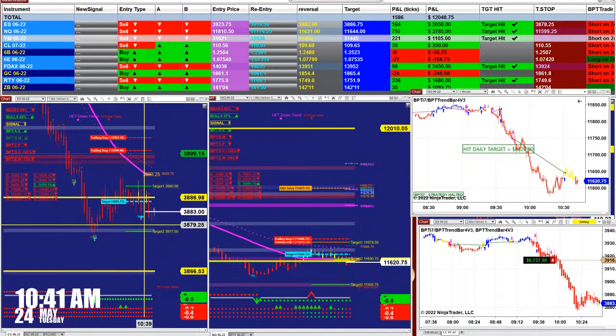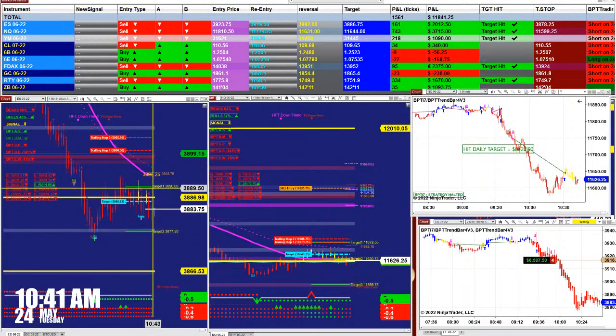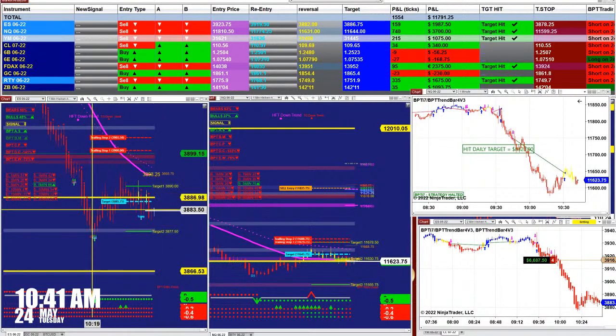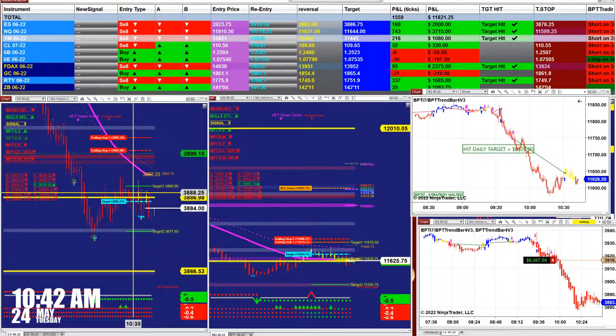On the ES, there is nothing going on. It is going between target 1 and target 2, and it's going to stay in that range. That's it. Nothing we can do. It's 1042.